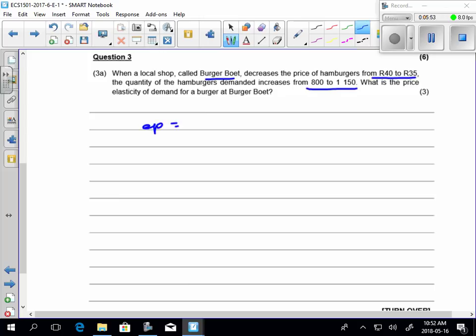Your equation EP is equal to change in Q times price, change in price times quantity. Okay? Substituting it in. The new quantity, 1150, minus the old quantity, 800, multiplied by, now your price and quantity over here is your original price and quantities. Okay. So price was 40 bucks.